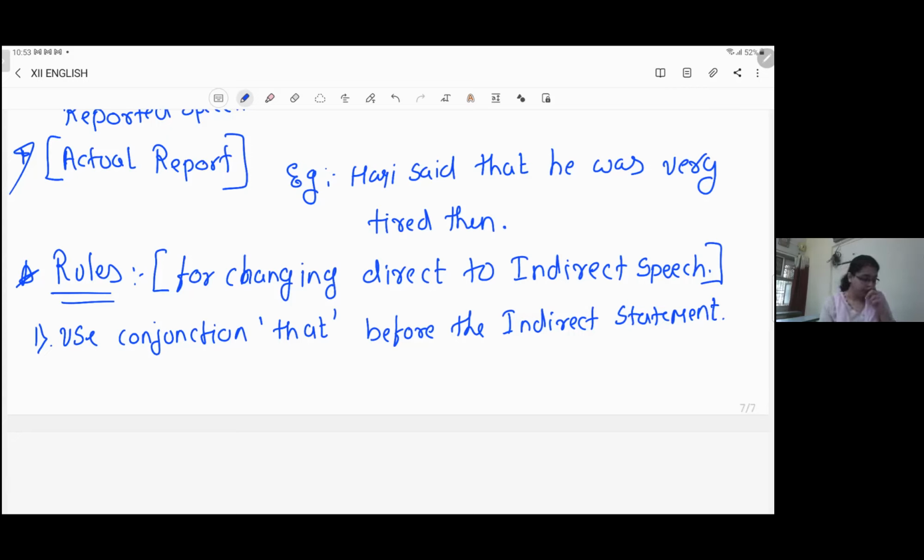Clear? इनडायरेक्ट दिस लिखा रहेगा. डायरेक्ट में क्या लिखा रहेगा? So when you are converting a particular sentence from direct to indirect, this का क्या हो जाएगा? That. This का क्या हो जाएगा? That. Clear?